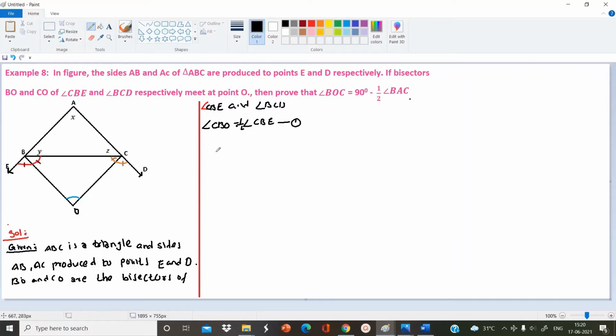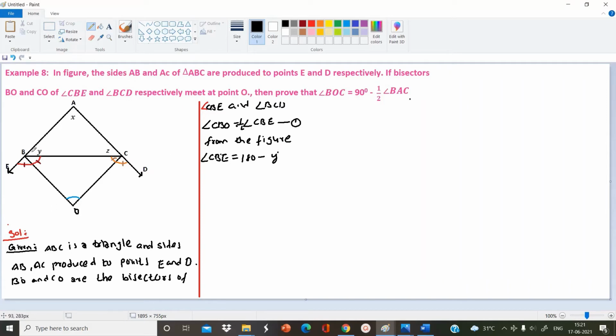And now from the figure, what can we write here? Angle CBE equals 180 minus y.